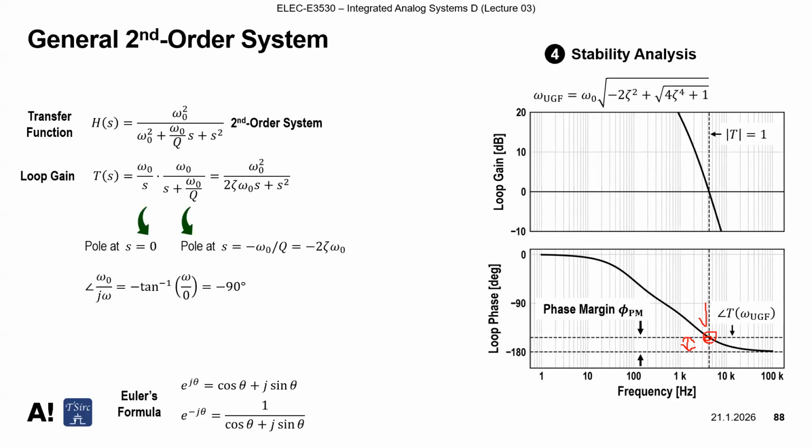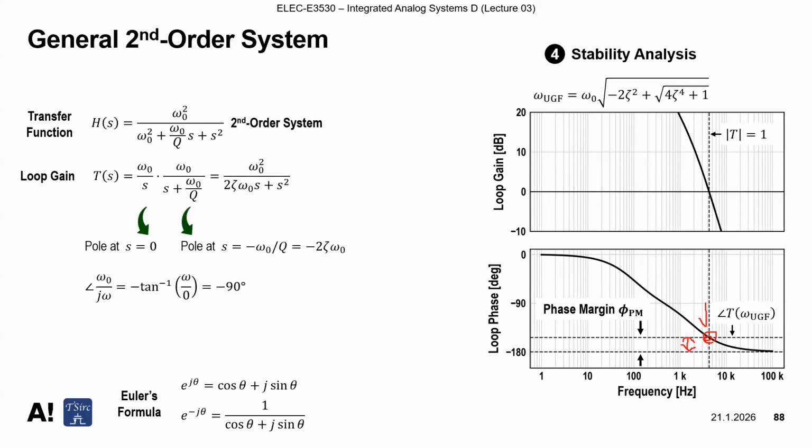That goes to 1 over cosine theta plus j sine theta. Then this is exactly the same condition right here. So we are considering the conditions when we have some real part or imaginary part at the denominator here. So when we take a pole equal to 0 and when we take s equal to j omega, the first part, the lossless integrator, becomes omega 0 over j omega, right?